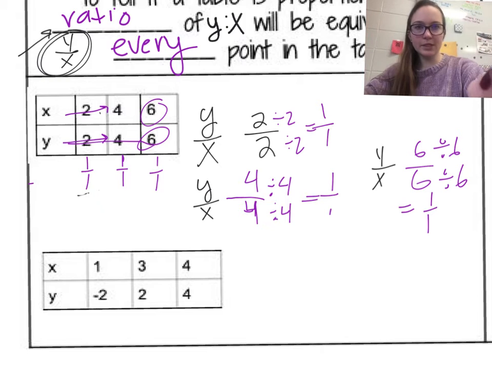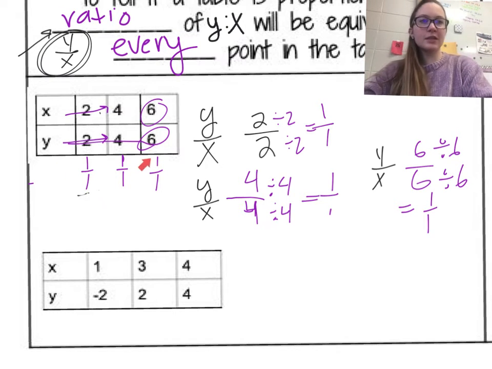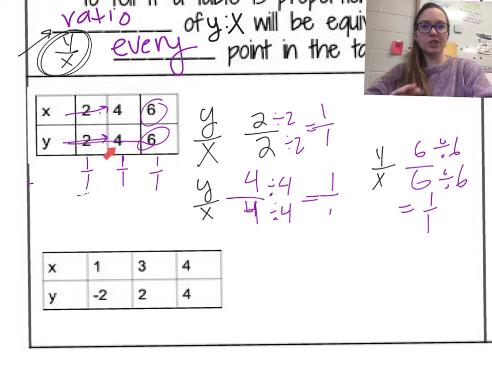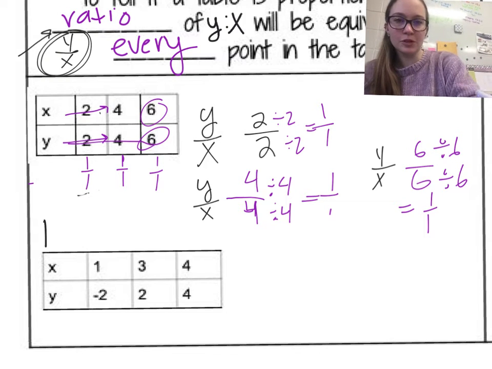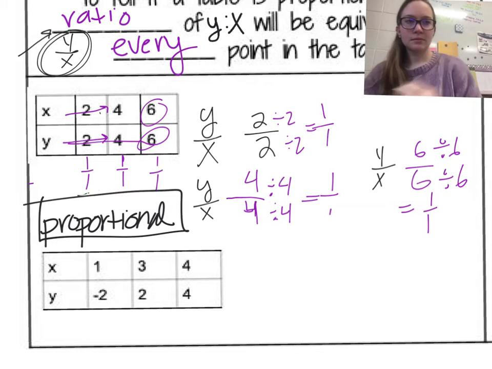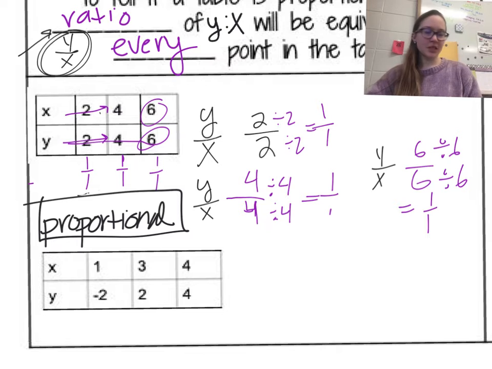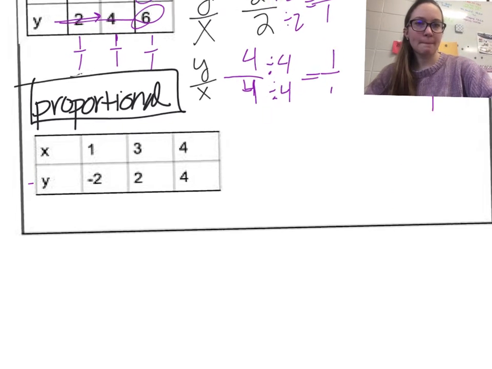So, what that means, since all of these are the same, the ratio when it was reduced is the same, they're equivalent, that means that this table is proportional. Bam. That's it.